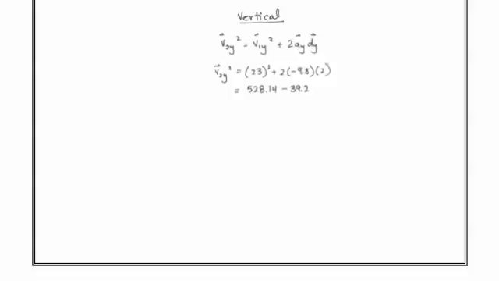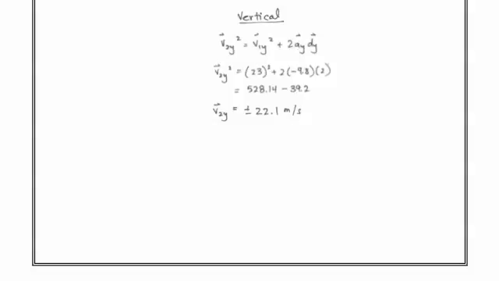And when we sub these numbers in, we get a number that we can solve for, and we get v2y equals plus or minus 22.1 meters per second.